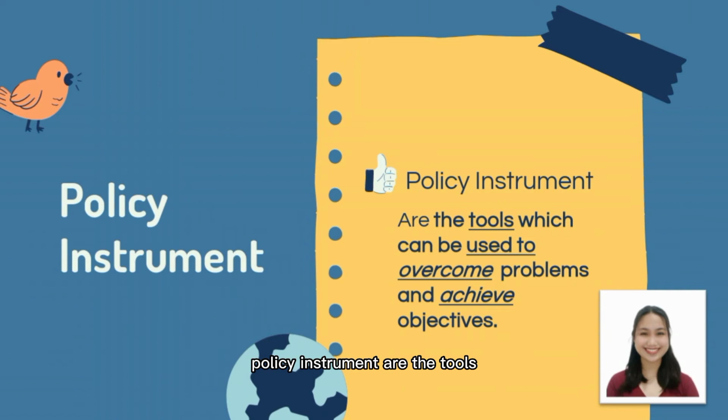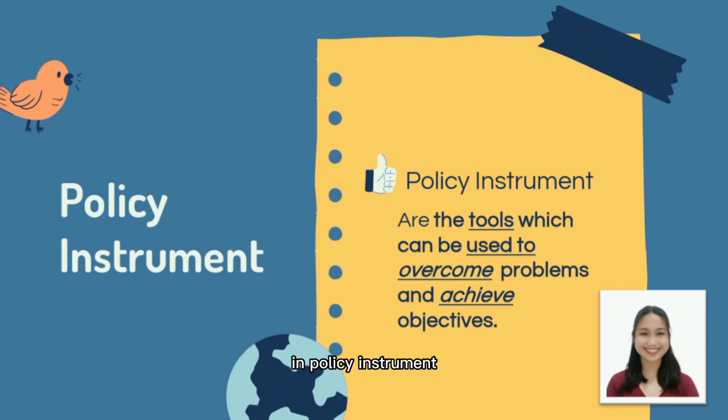Policy instruments are the tools which can be used to overcome problems and achieve objectives. They include conventional transport methods such as new infrastructure, traffic management, and pricing policies. But increasingly, they also involve attitudinal changes and use of information technology.